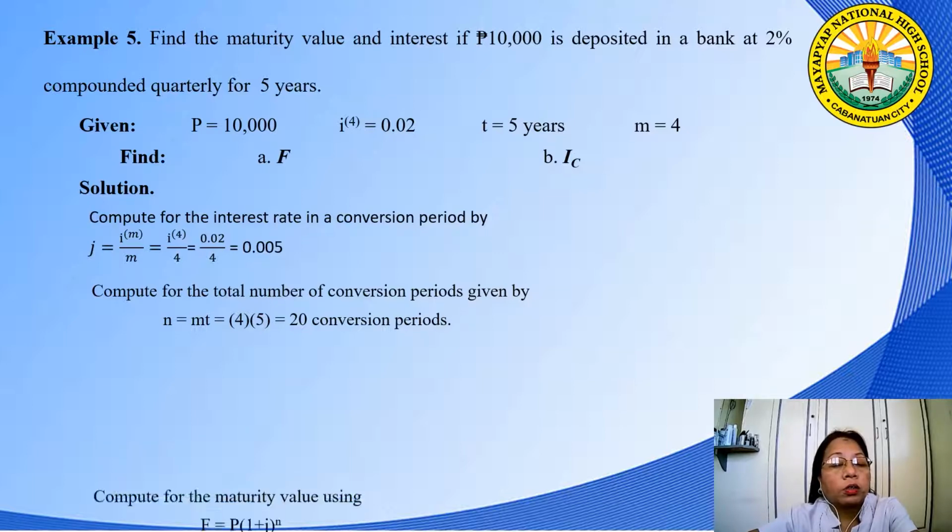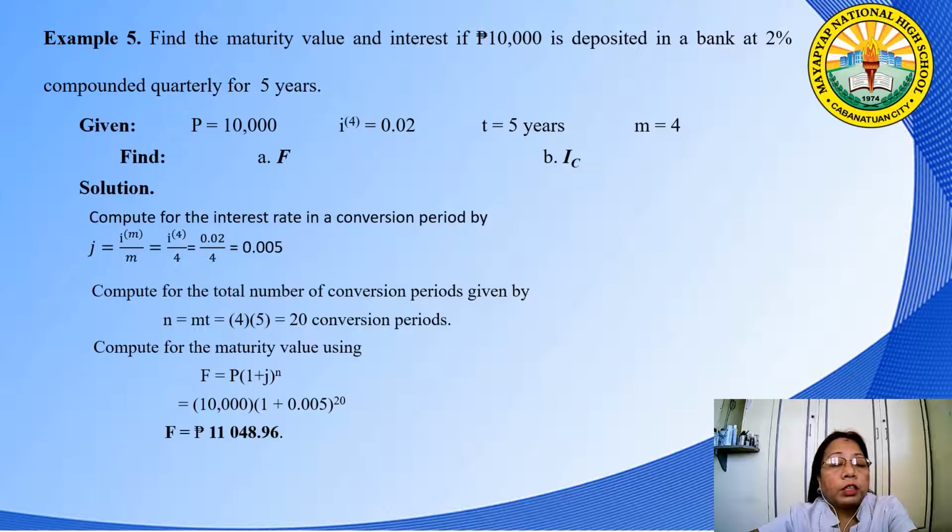Compute for the maturity value using the formula F equals P times quantity 1 plus j raised to n. Substituting the values, P is 10,000 pesos multiplied by quantity 1 plus 0.005 raised to 20. So F equals 11,048.96.